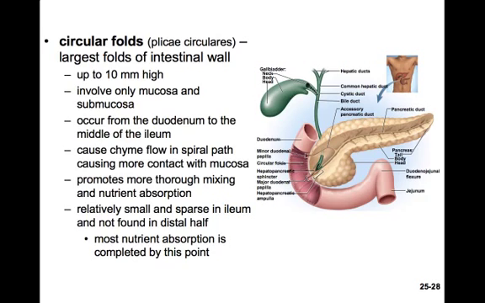That allows much more contact of the chyme with the mucosa and promotes thorough mixing and adds to nutrient absorption. Most of the absorption is done before we get to the ileum, so that probably explains the fact that there are less circular folds down in the ileum.